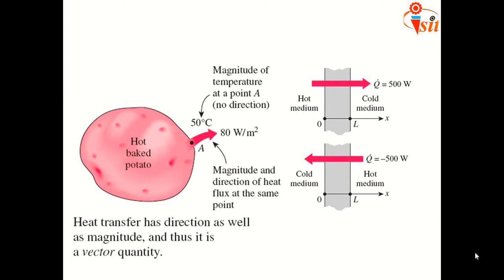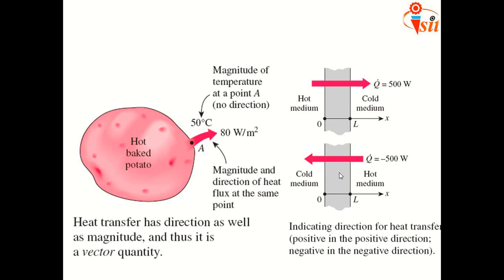Definitely heat flows from the hot medium to the cold medium, but it is in the opposite direction of X. That's why, in Fourier's law, I have to take the first temperature at x equal to 0 and the second temperature at x equal to L, and that's why it comes out negative. Hope you have understood this. Let's move forward.